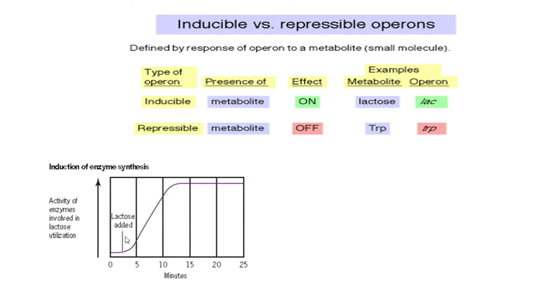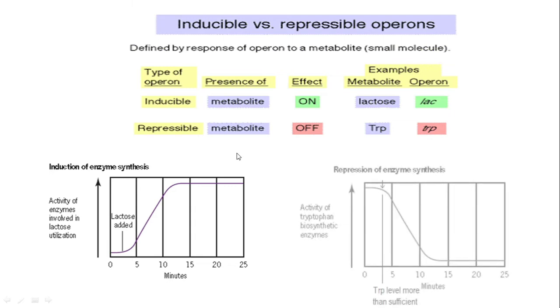So as soon as the lactose is added, the genes for those enzymes which are required for its breakdown, like the beta galactosidase and also the Lac permease, which transports the lactose into the cell, expression of those genes will start as soon as the lactose is added. And so here we can see that before that the level of those enzymes were zero, were static, and suddenly when you add lactose, the amount of those enzymes, the activity picks up.